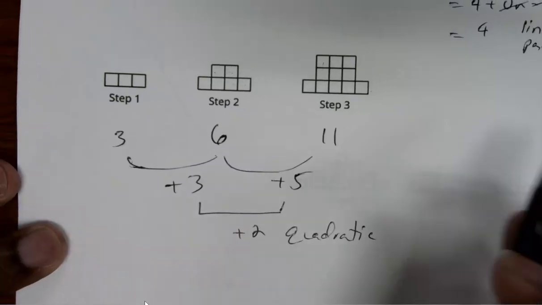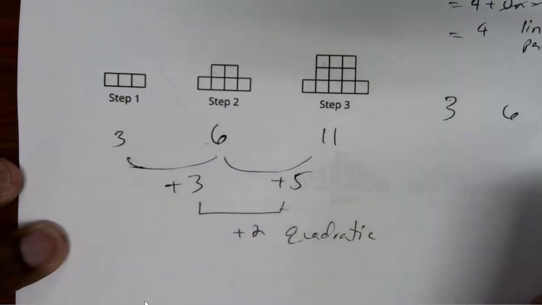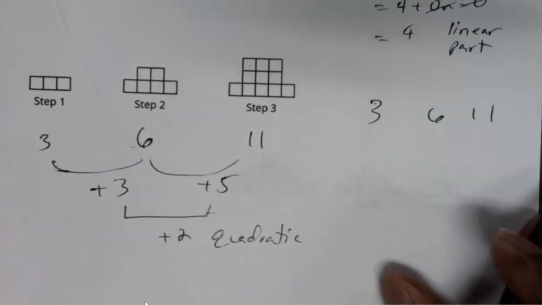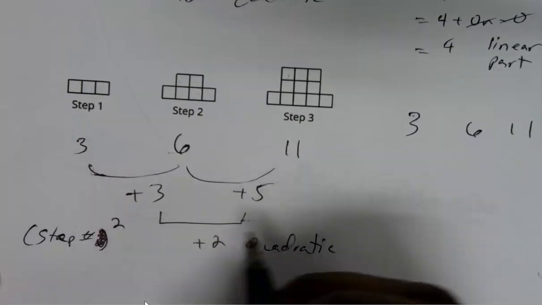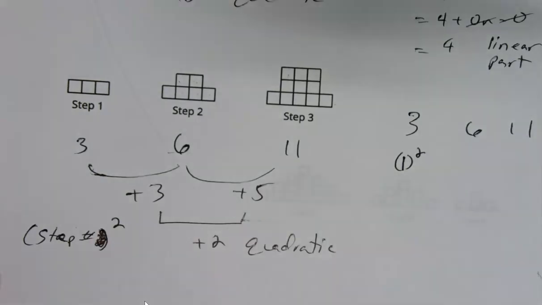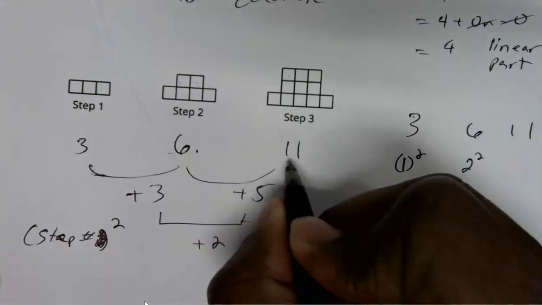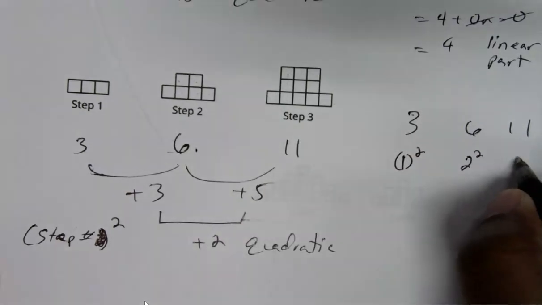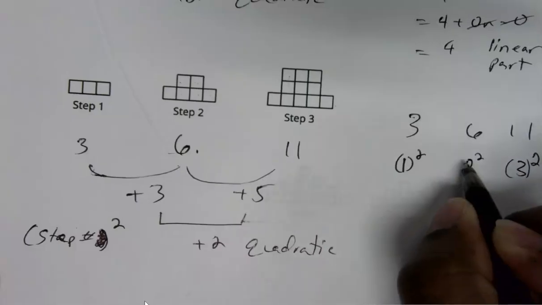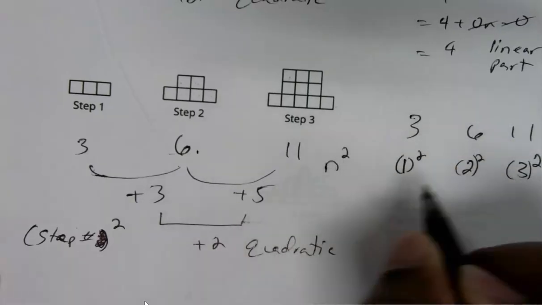Because it's quadratic, I'm going to use these numbers, 3, 6, and 11. I'm going to compare them. Each time I take my step number and then square it. So step 1, it's going to say 1 squared. Step 2, which relates to 6, it's going to say 2 squared. Step 3 relates to 11, so it's going to be 3 squared. Then this is always a step number squared.